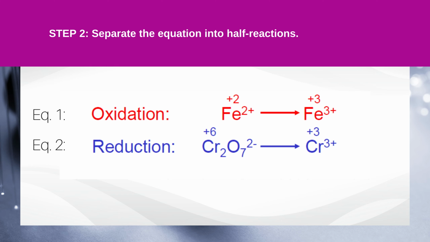And for Cr, please calculate the oxidation number for Cr, and then we get +6. After reaction, the oxidation number of Cr is +3. So the oxidation number of Cr decreased from +6 to +3. So the Cr is reduced.